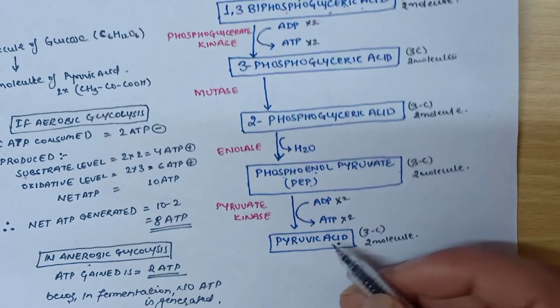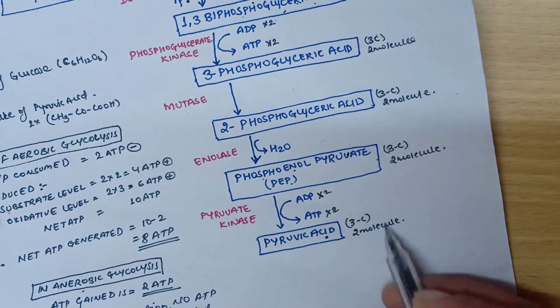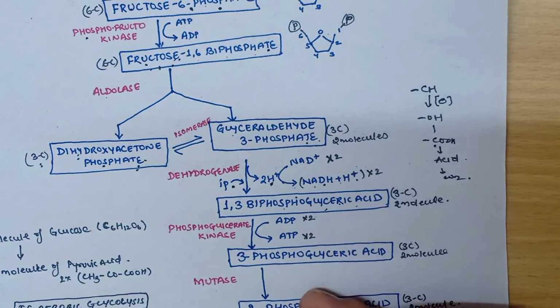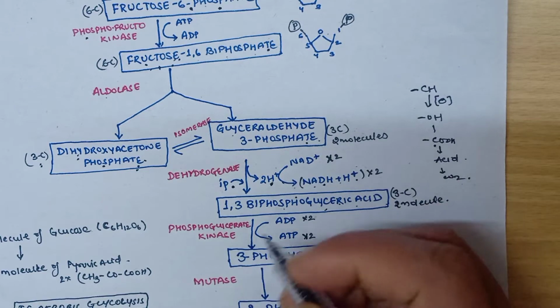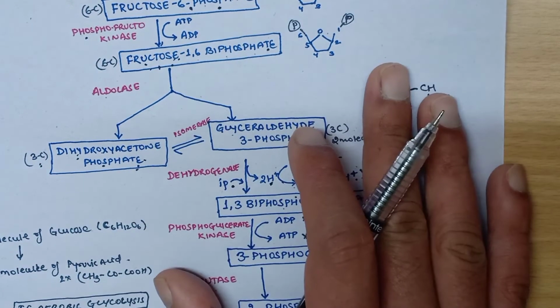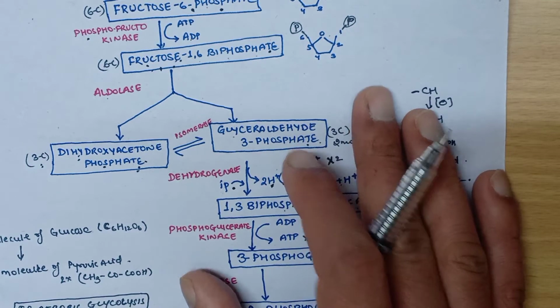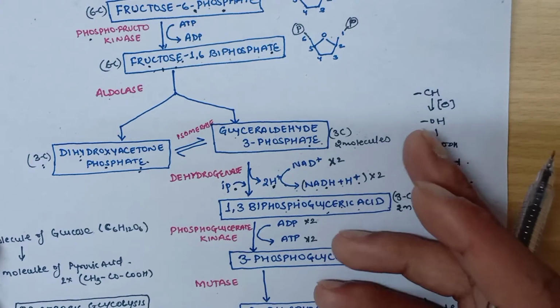So we see that 1 molecule of glucose will be giving 2 molecules of pyruvic acid. Also, during the entire process, no carbon dioxide molecule was formed, and nowhere in the process was oxygen utilized. So it can occur in both aerobic and anaerobic respiration.